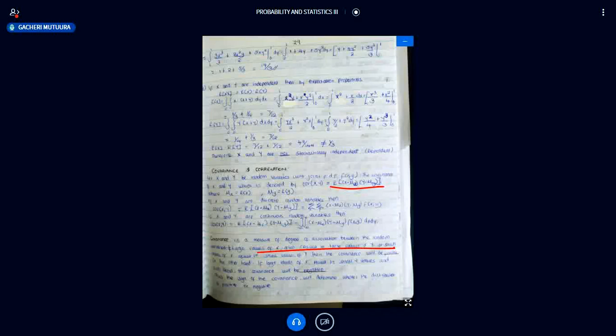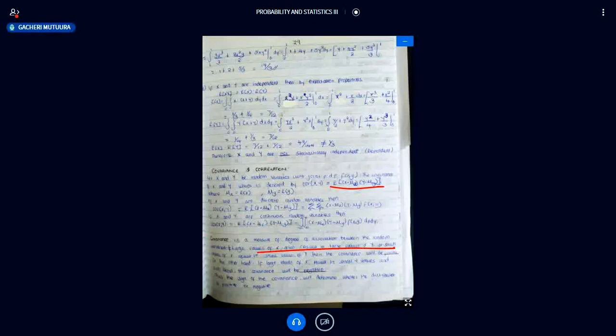When you get a covariance of 0, this is something that you should note very carefully, and do not mix it up. A covariance of 0, unlike in the correlation coefficient where we have said if it is 0, then it means x and y are independent, does not necessarily mean that x and y are independent. But if x and y are independent, the covariance will always be 0. Is that understood?